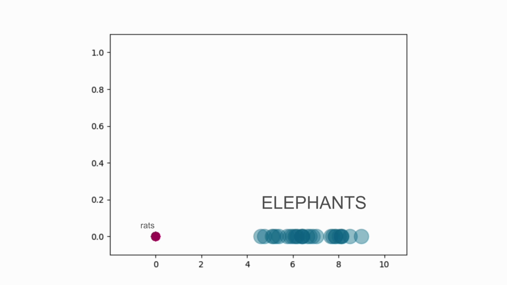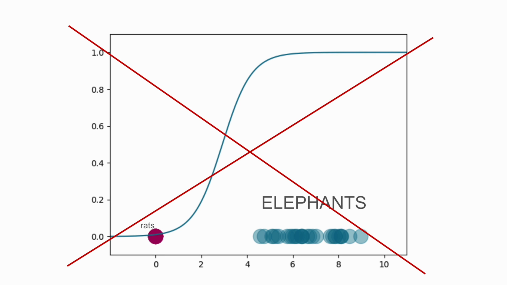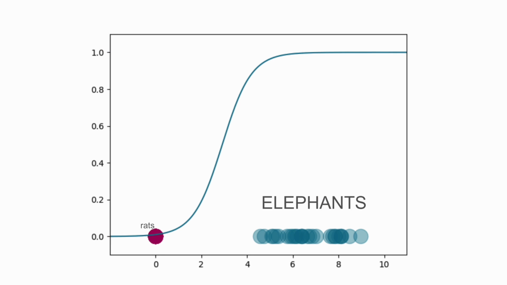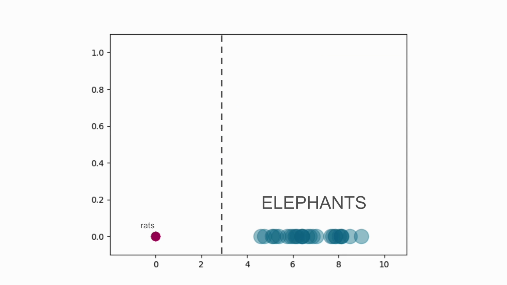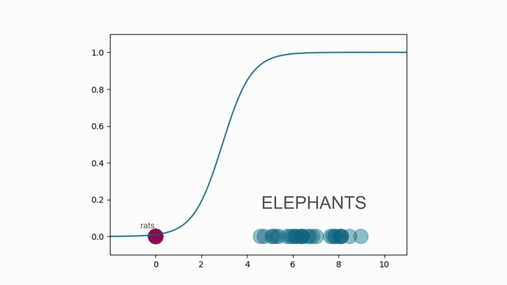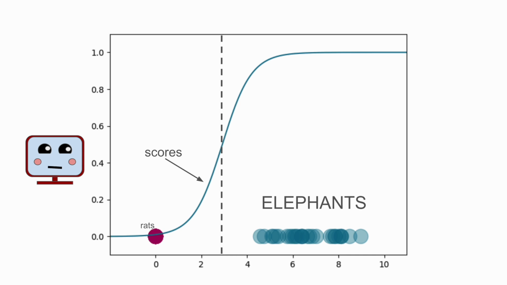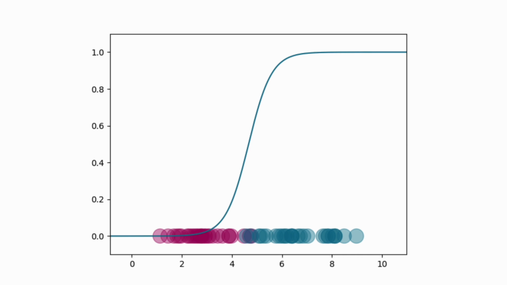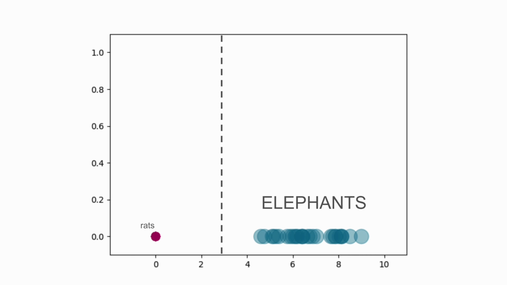In this case, using logistic regression to assign probabilities where they're not needed is misleading, but we can still use logistic regression as a classification tool to find what distinguishes rats from elephants. In this case, the values assigned by logistic regression aren't so much probabilities anymore as they are scores which help us make predictions. Depending on whether you're interested in modeling probabilities or simply finding what distinguishes data points from each other, drastically changes how to reason about and interpret logistic regression.